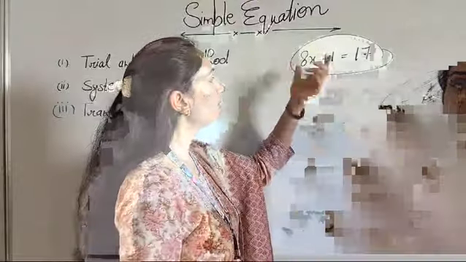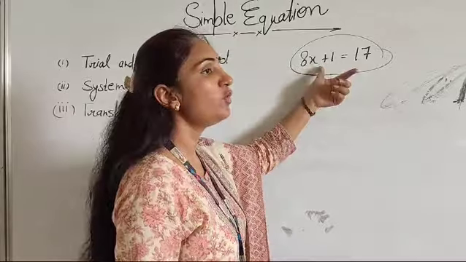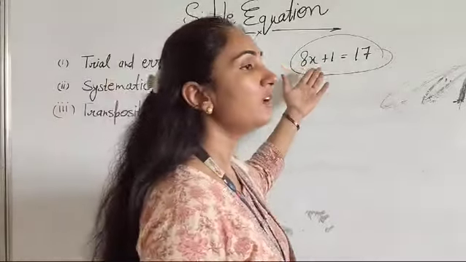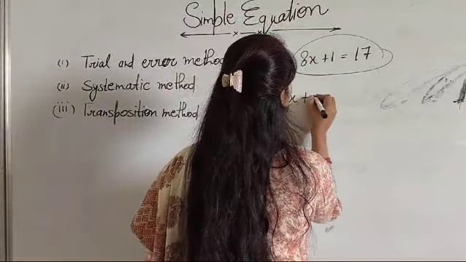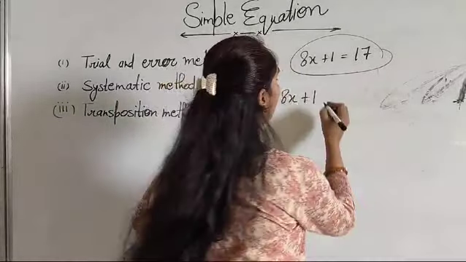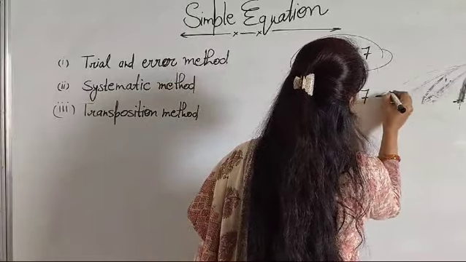How can we solve? Firstly, to solve this equation, we will remove all the constants which are coming with the variable. Okay, so 8x plus 1. And how can we remove plus 1? We will subtract 1 from both the sides.